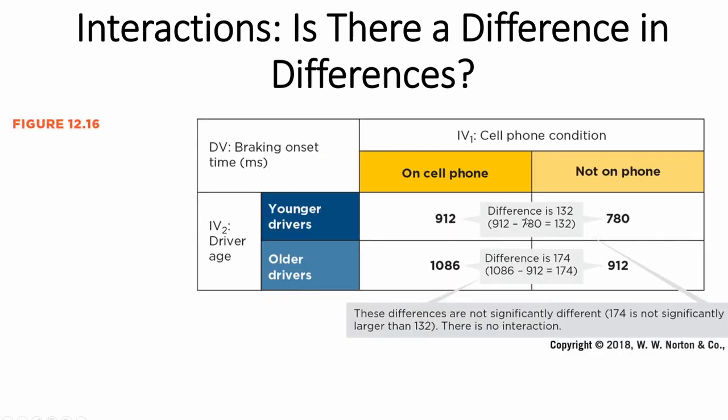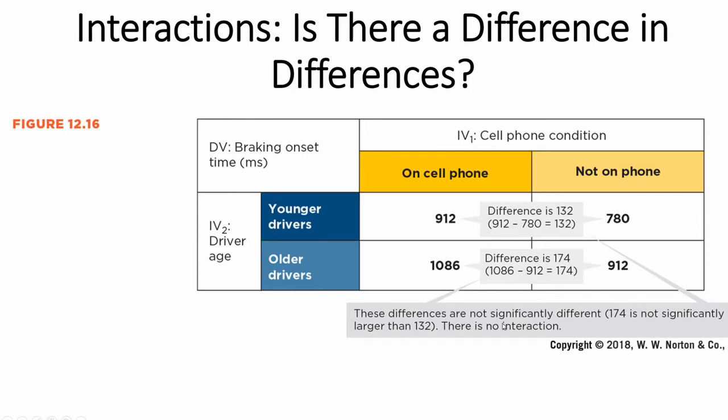And we can look at this again with our cell phones and age setup. So on the cell phone versus not on the cell phone, young drivers versus old drivers. And so here we're looking at the difference for old drivers on the cell phone versus not on the cell phone, and young drivers on the cell phone versus not on the cell phone. So the difference for young drivers is 132. The difference for older drivers is 174.